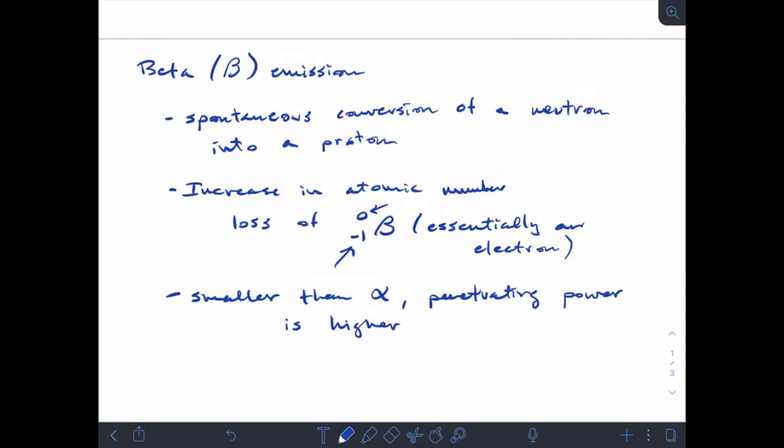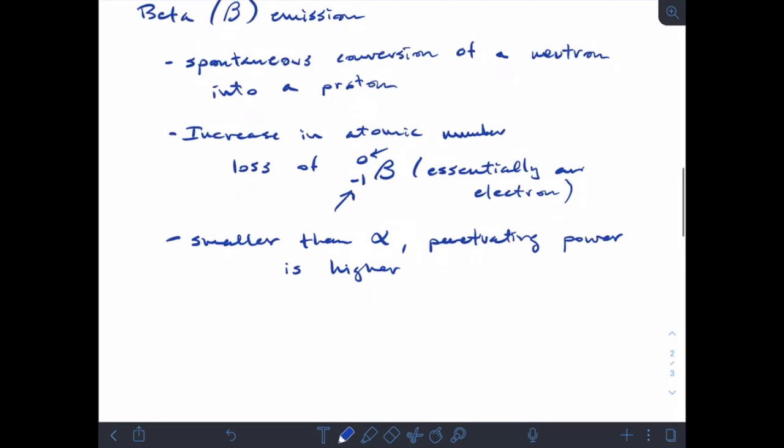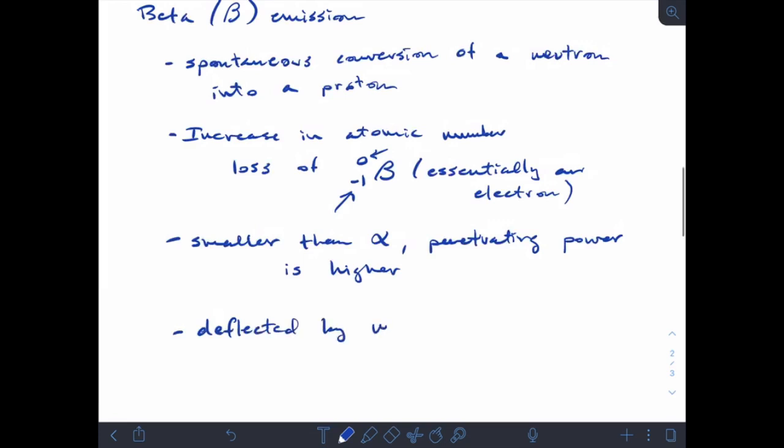It's negatively charged, so it is also deflected by magnetic fields. But being negatively charged, it will be deflected in the opposite direction of an alpha particle, which is positively charged.